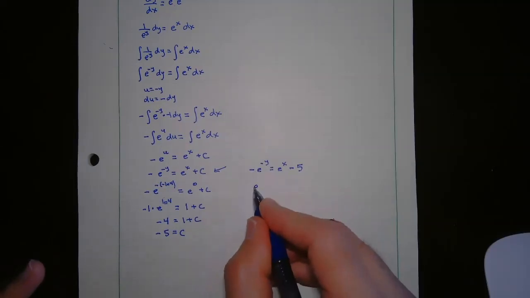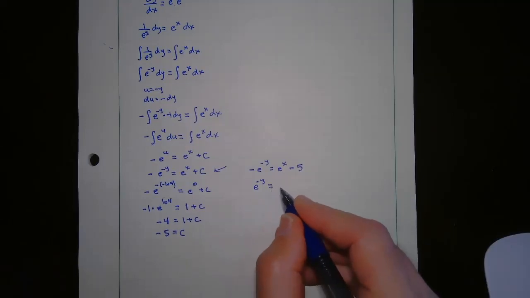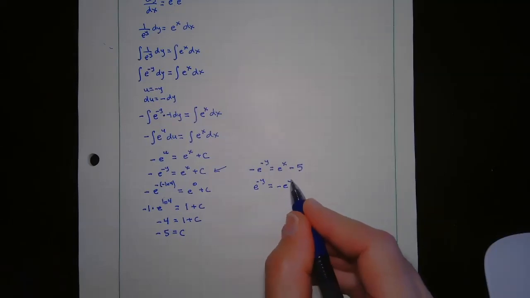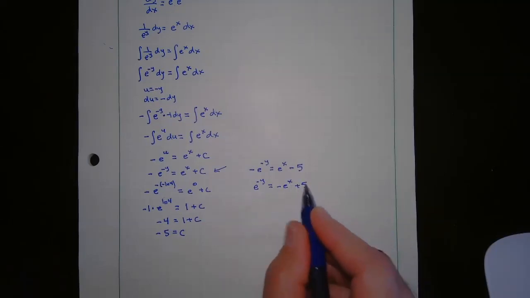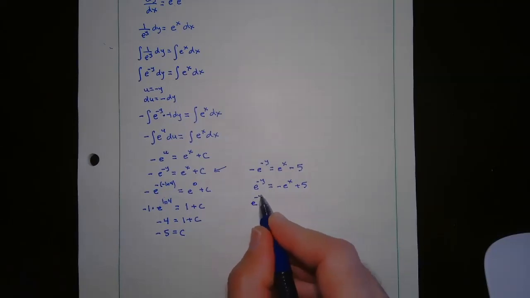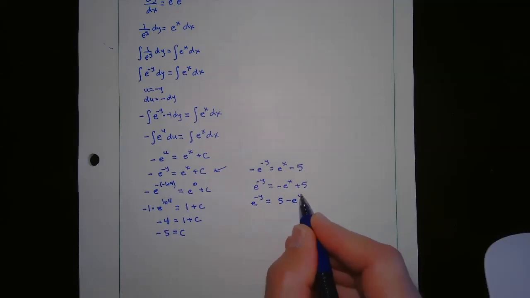So e to the negative y is equal to negative e to the x plus 5. I think a better way of writing that is 5 minus e to the x. So e to the negative y is equal to 5 minus e to the x.